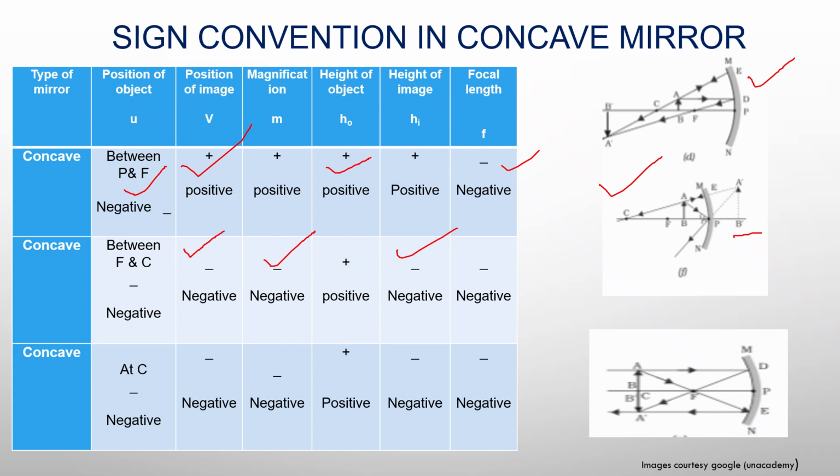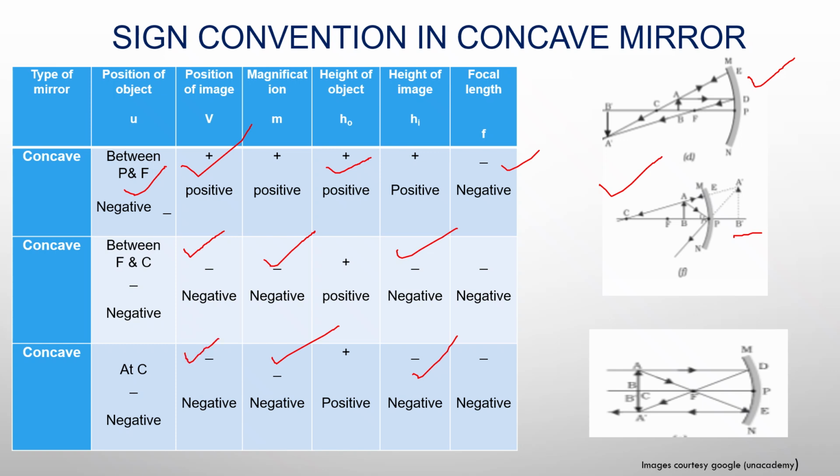Now come to this C. It will be at C, so it will be a real inverted image, therefore the height of the image is negative. Then magnification is negative because it is real and inverted and towards the left side, so this is negative.